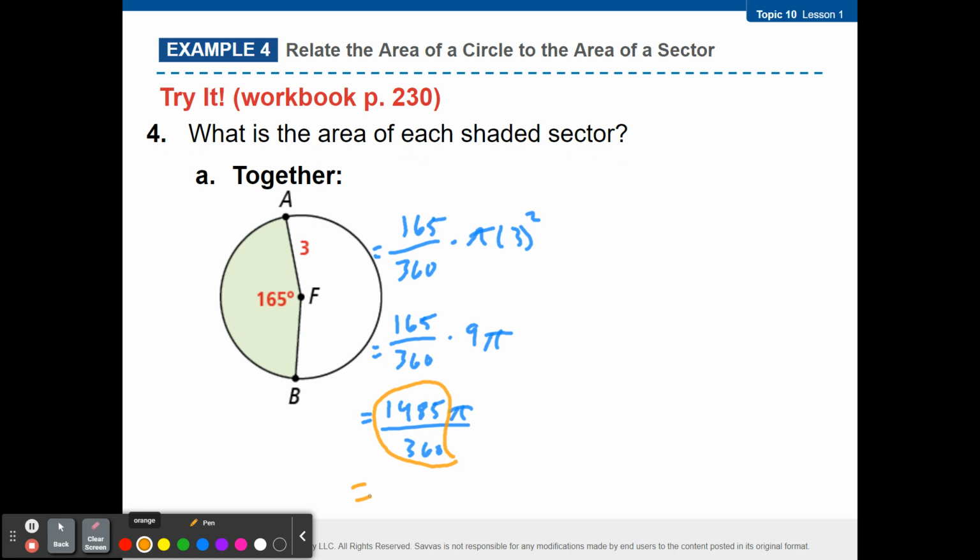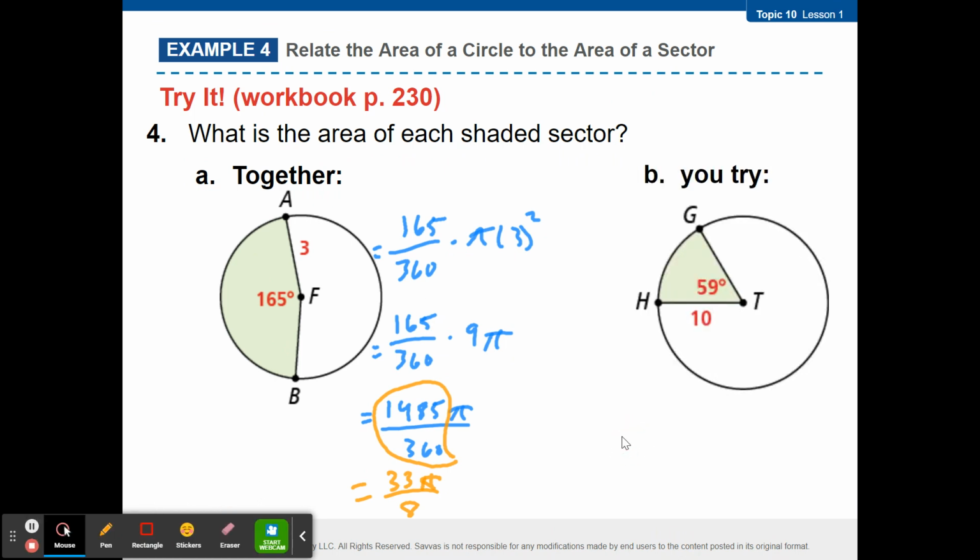Okay. 33 over 8. So this is 33 pi over 8. Sorry that the pi kind of dragged. Try this one on your own.